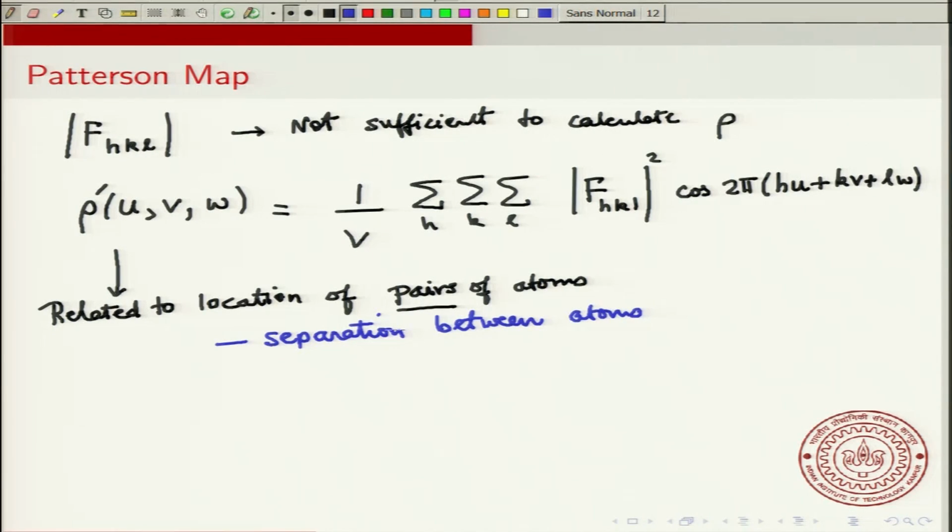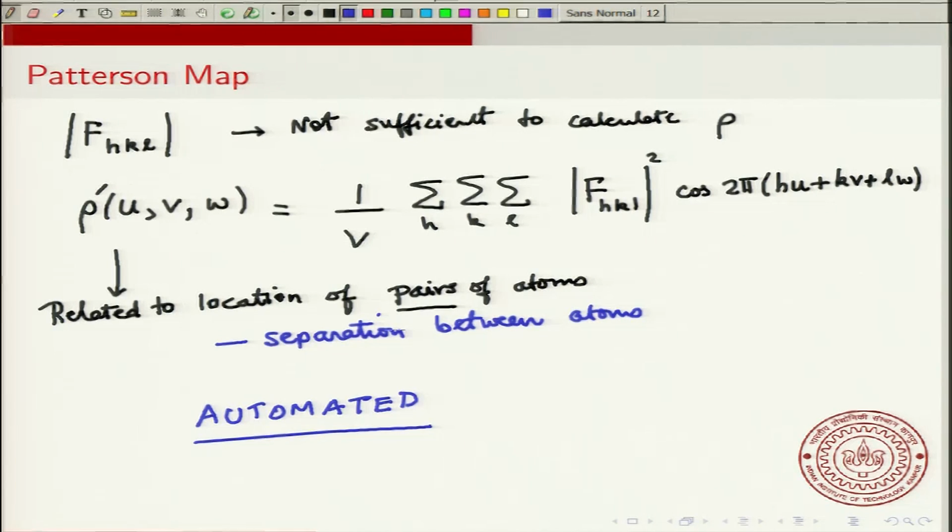Now, what I want to emphasize is that both this Patterson map and electron density map are also automated, and these are parts of modern X-ray diffraction instruments.